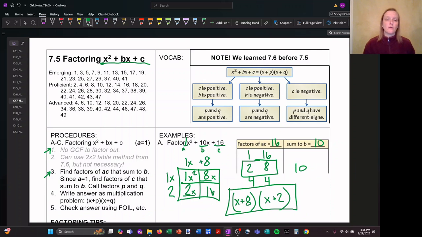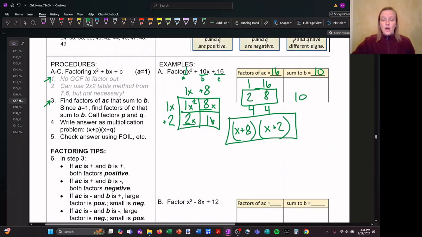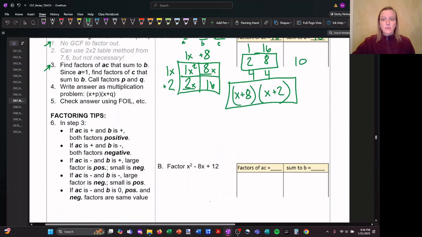Remember, if your factor here is not negative, it's positive, and that's why we've written these as addition problems inside each parenthesis. So the same tips that we learned last class apply today. If AC is positive and B is positive, both factors must be positive. If AC is positive and B is negative, both factors must be negative, etc.